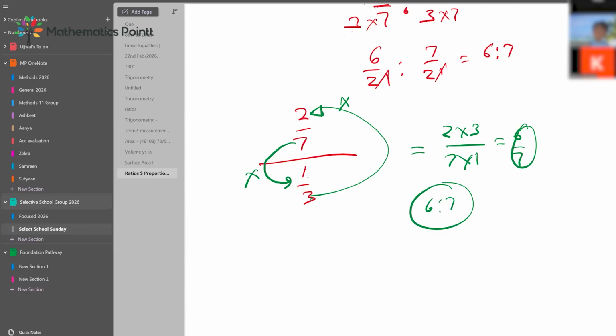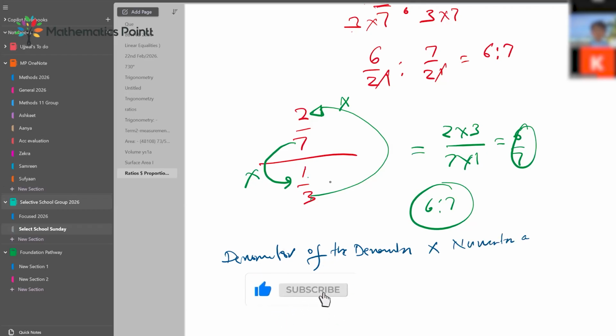So I repeat again. The denominator of the denominator is multiplied to the numerator of the numerator. Pardon me for my bad handwriting. I hope you're taking notes. Or go back, refer to this whiteboard when I share that in the chat, or go to the YouTube video and see the recording.